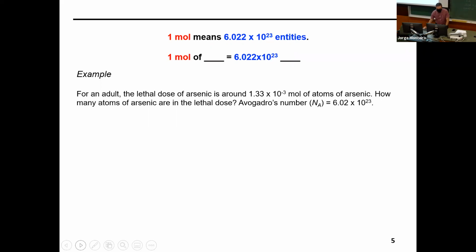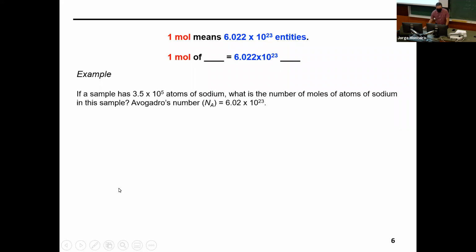Okay, very good. So let's see here the second example. Now attention, if a sample has 3.5 times 10 to the 5 atoms of sodium, what is the number of moles of atoms of sodium in this sample?